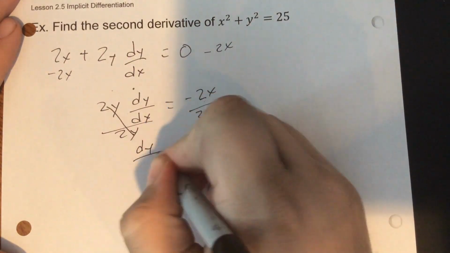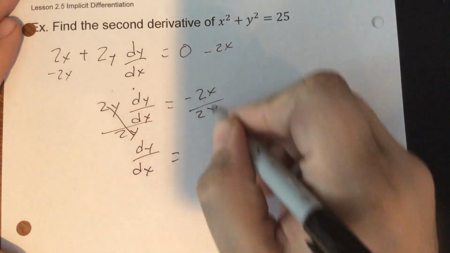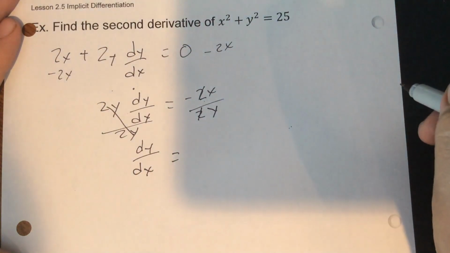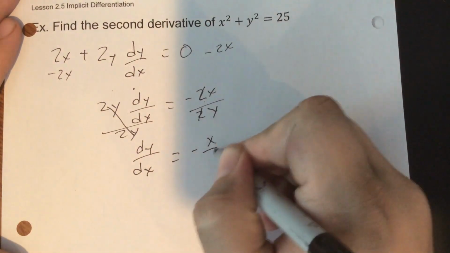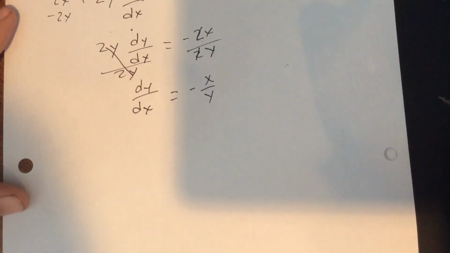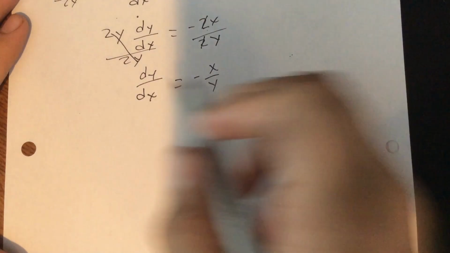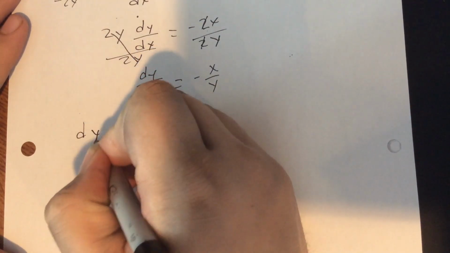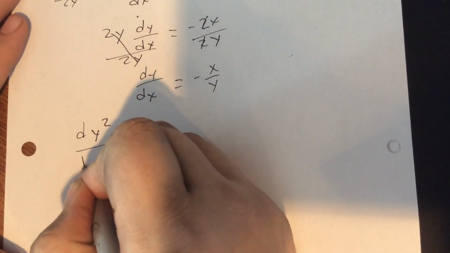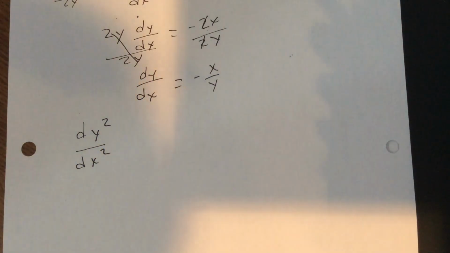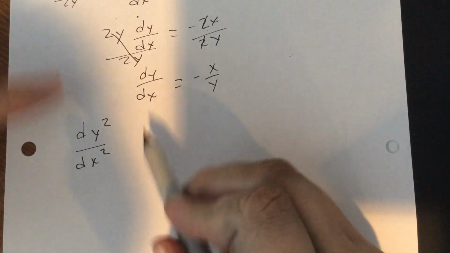So dy over dx would equal, with those 2's reducing, negative x over y. Now on to the second derivative. This is going to become d squared y over dx squared, which just means the second derivative of dy over dx.